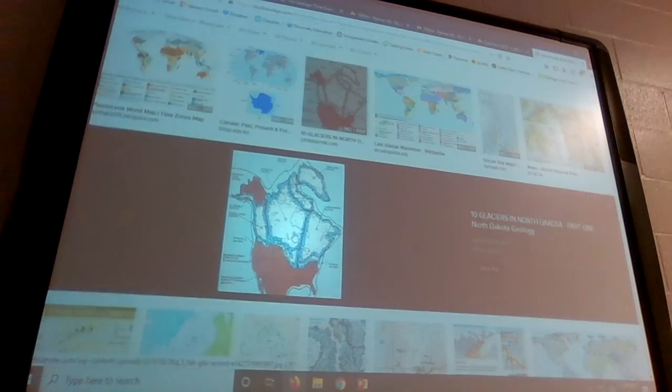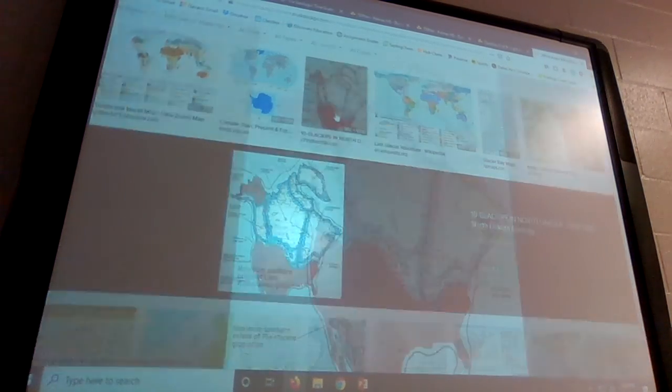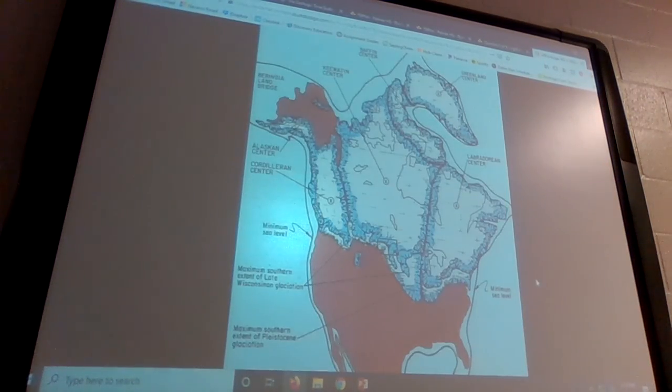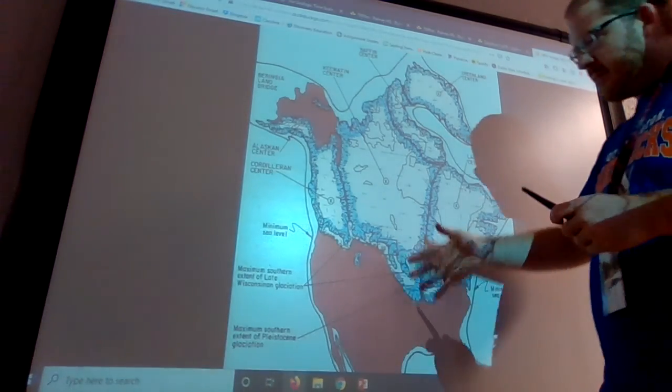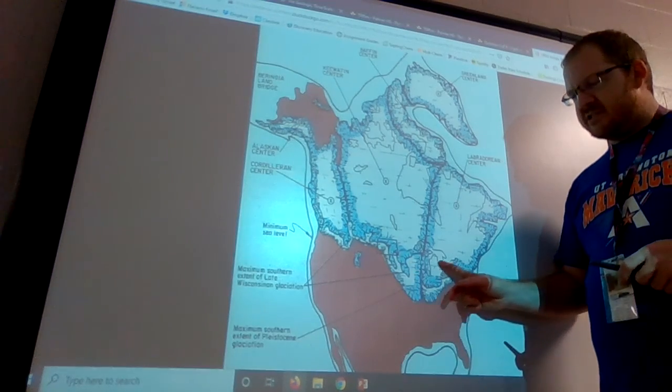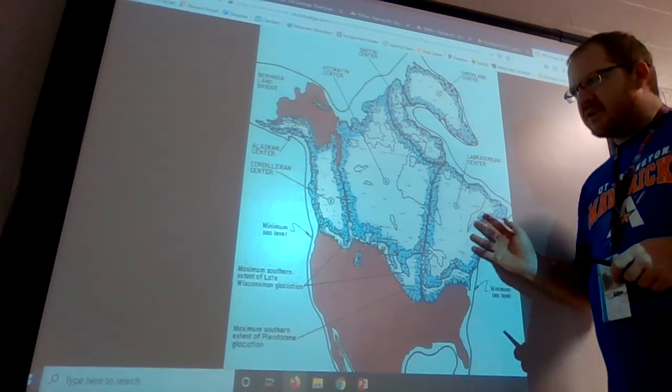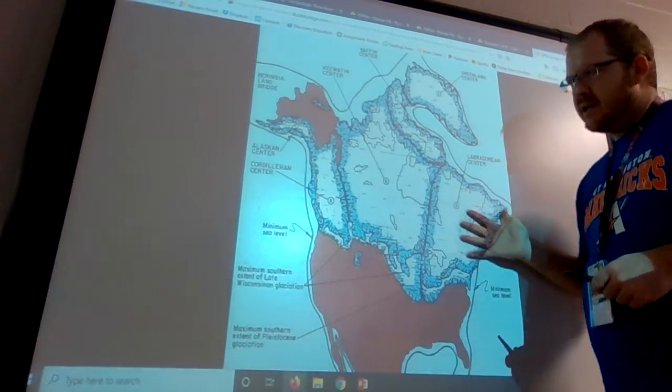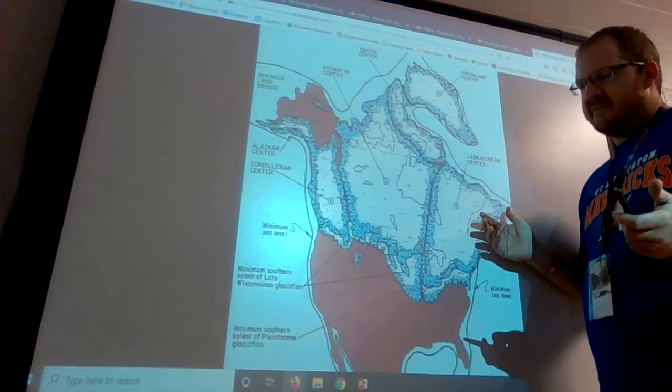Here we go. This one right here is actually a pretty good image. So this is from the last glacial maximum about 10 to 18,000 years ago. And you see all the glaciers coming down. These are actually the ones that carved out the depressions that are now the Great Lakes. You can see that the vast majority of Canada was covered up with ice, almost all of Canada.